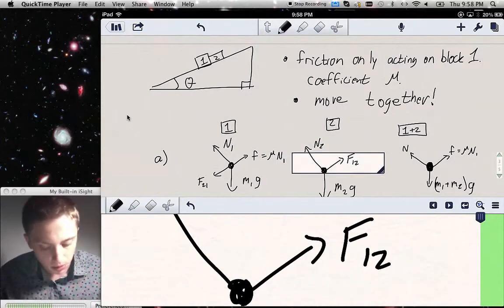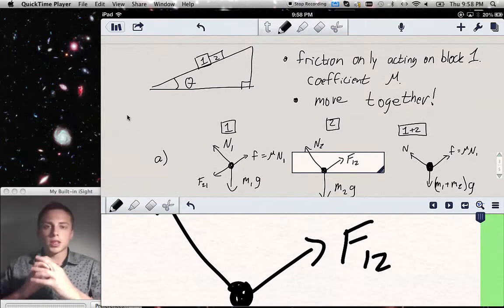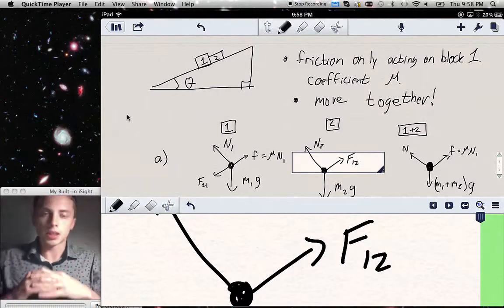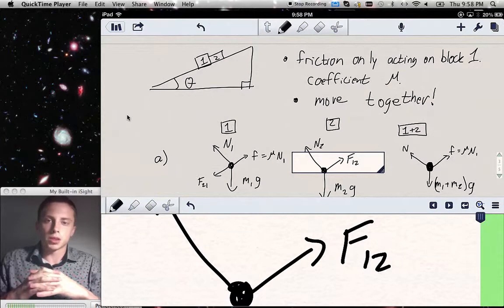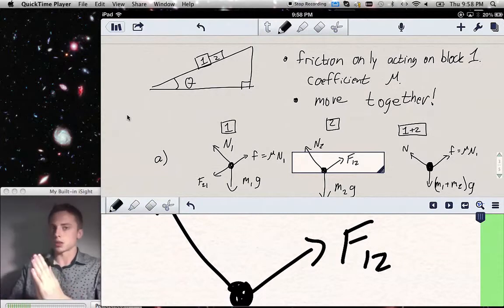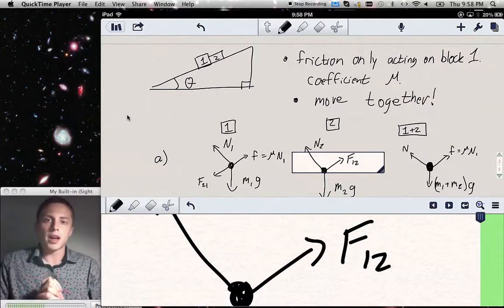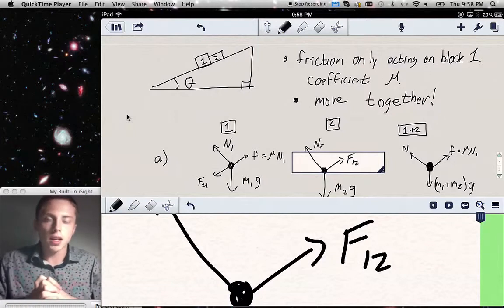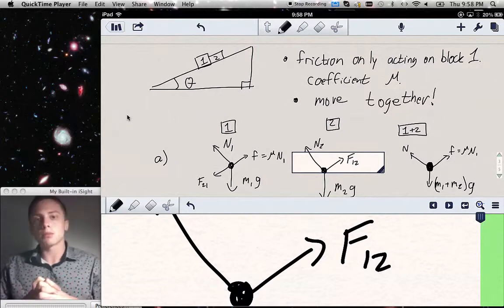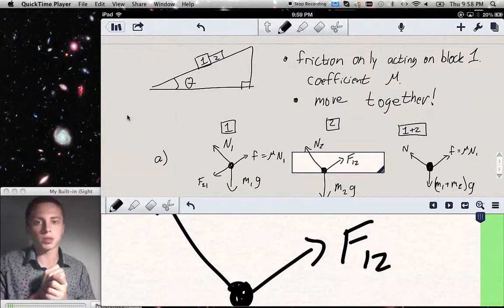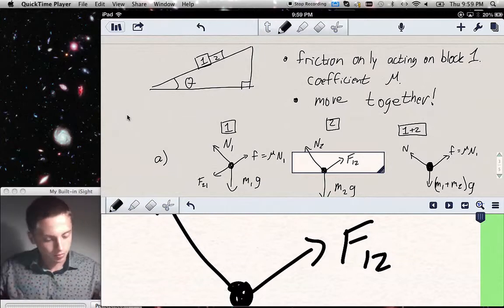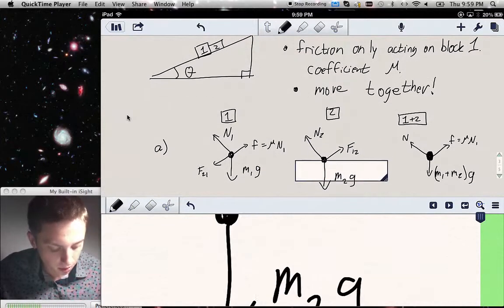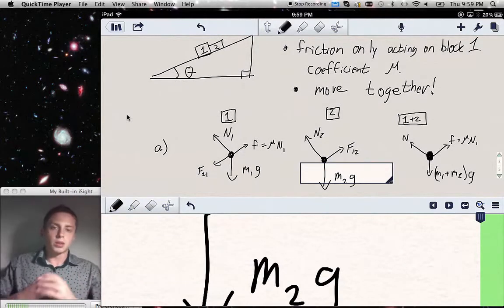Now from block 1, we have the force F12. This is the force perpendicular to the interface between blocks 1 and 2. Because there's no friction between the blocks, there is no force parallel to the interface. Lastly, there's the influence of gravity, which has a force m2g.